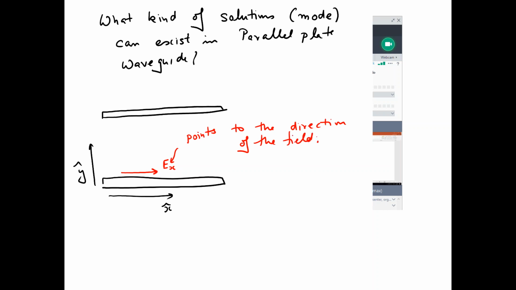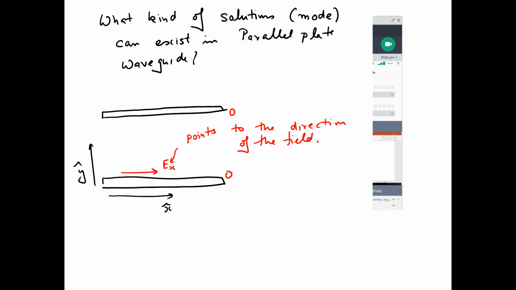So if I have a component in the x direction, that component value has to be 0 here. This is a conductor. Right at these two boundaries, these component values have to be 0.